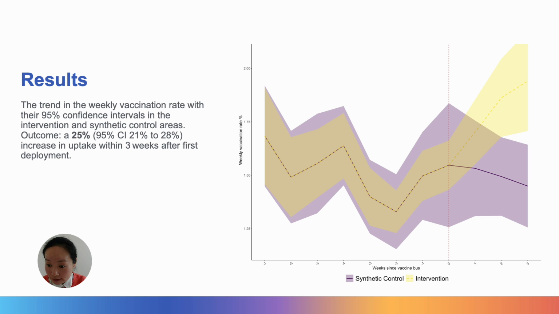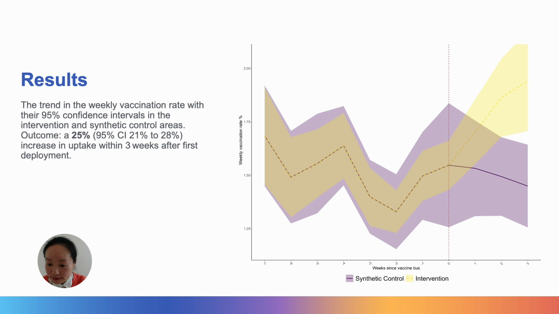And the red dashed line, the vertical dashed line at 0, represented the starting time of the intervention. As I mentioned already, we look at 7 weeks before and 3 weeks after the intervention.